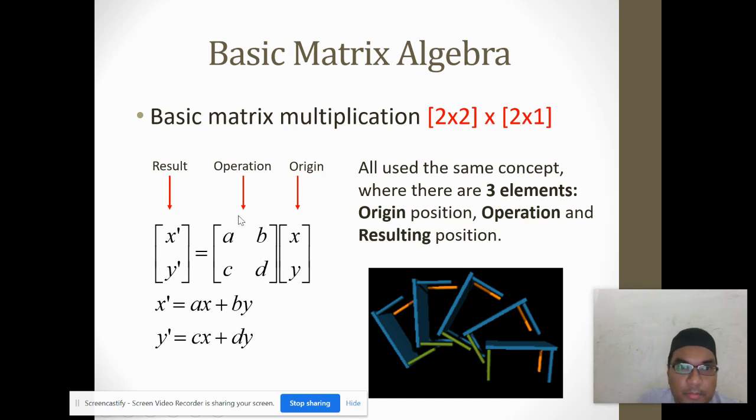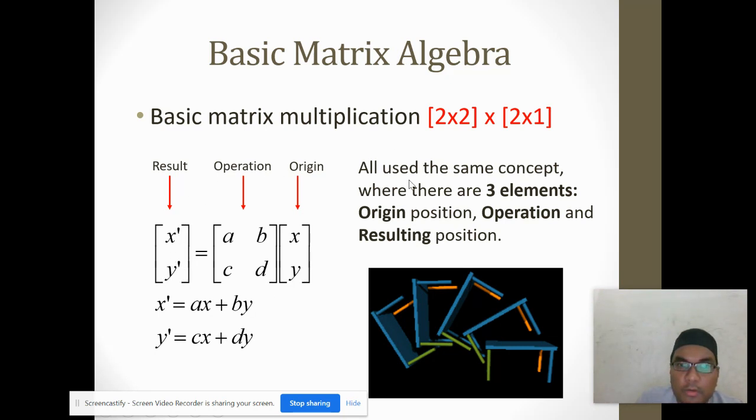In terms of columns and rows, you can see it is 2 by 2 or 2 by 1, and the result will be a 2 by 1 matrix, like this, the x dash and y dash.